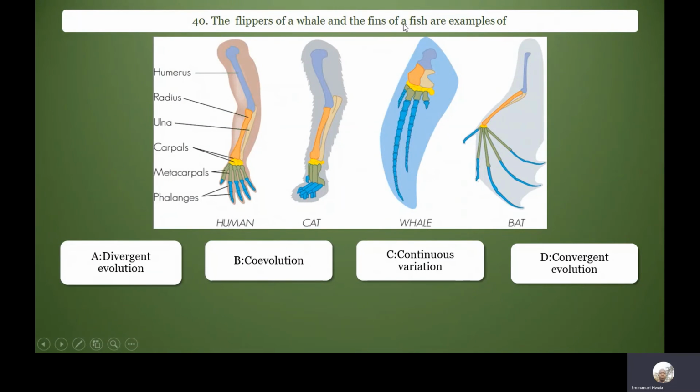The flippers of a whale and the fins of a fish are examples of... the correct option here is convergent evolution. The flippers of a whale and the fins of a fish are both used for swimming. So the two structures are performing the same function, but they are from organisms that are not related.